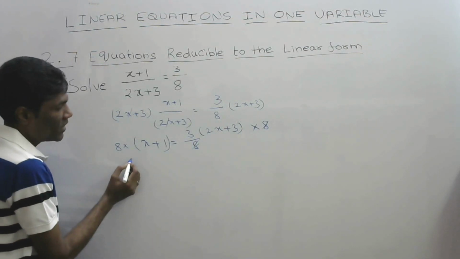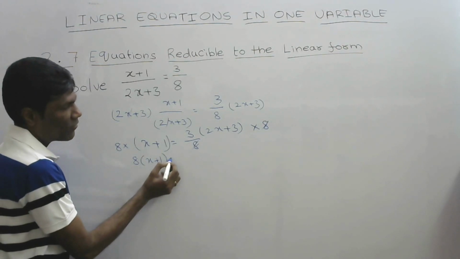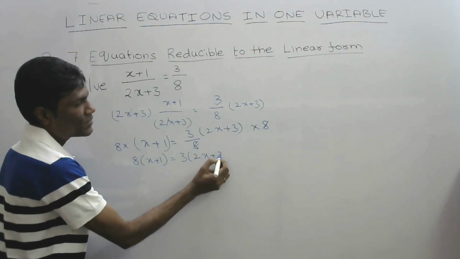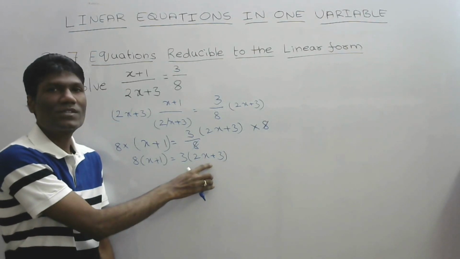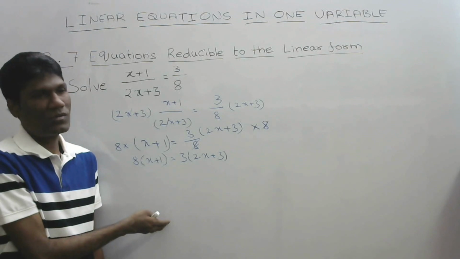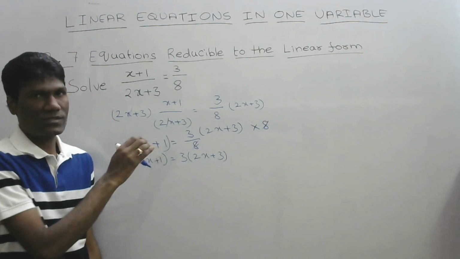We are left with 8 into x plus 1 equal to 3 into 2x plus 3. Now, this is our normal equation in linear form. Rest of the things we know, we can directly solve it and we can get the value of x.